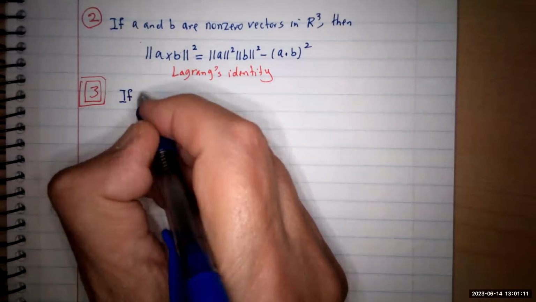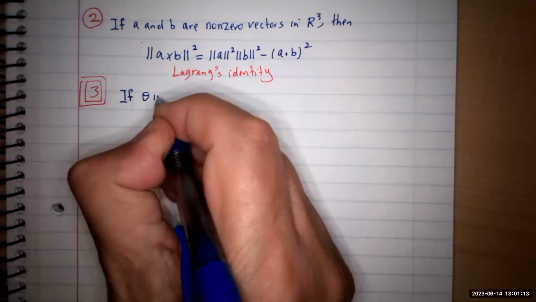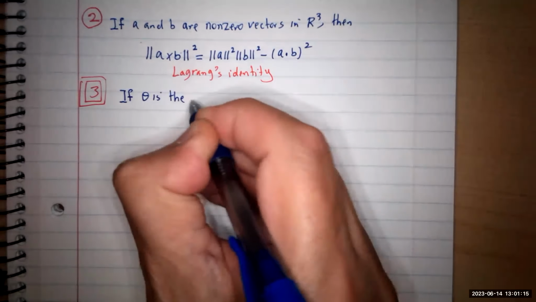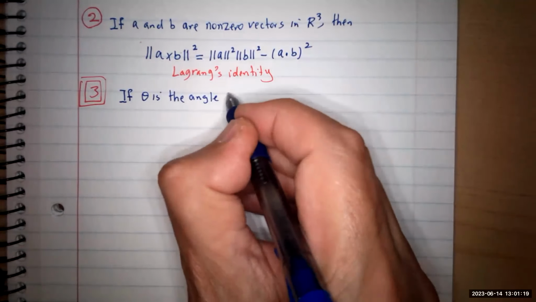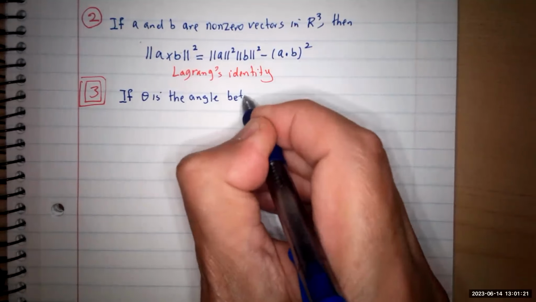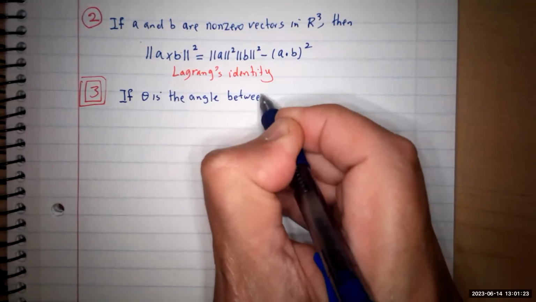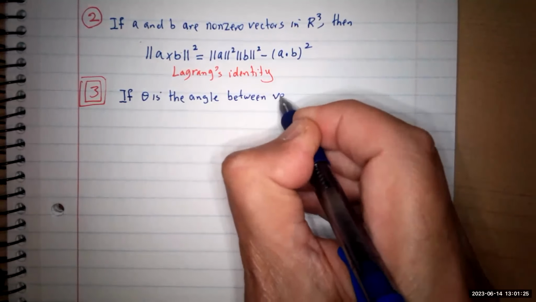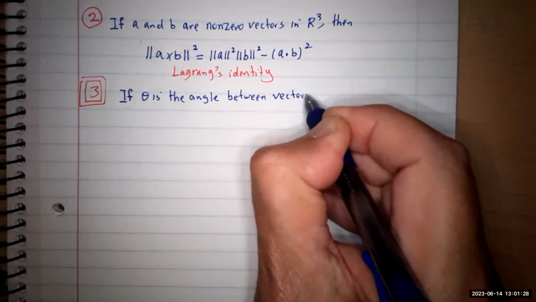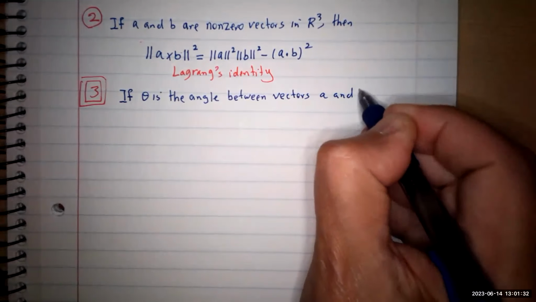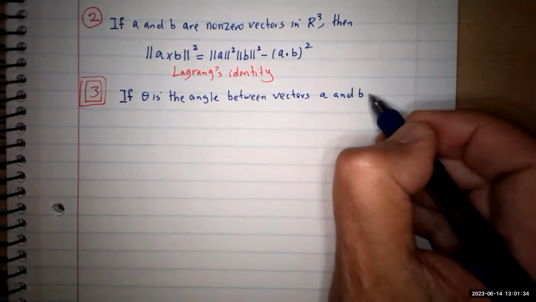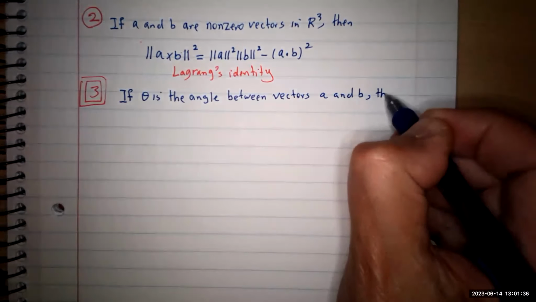If theta is the angle between vectors A and B, then you are going to have this nice formula.